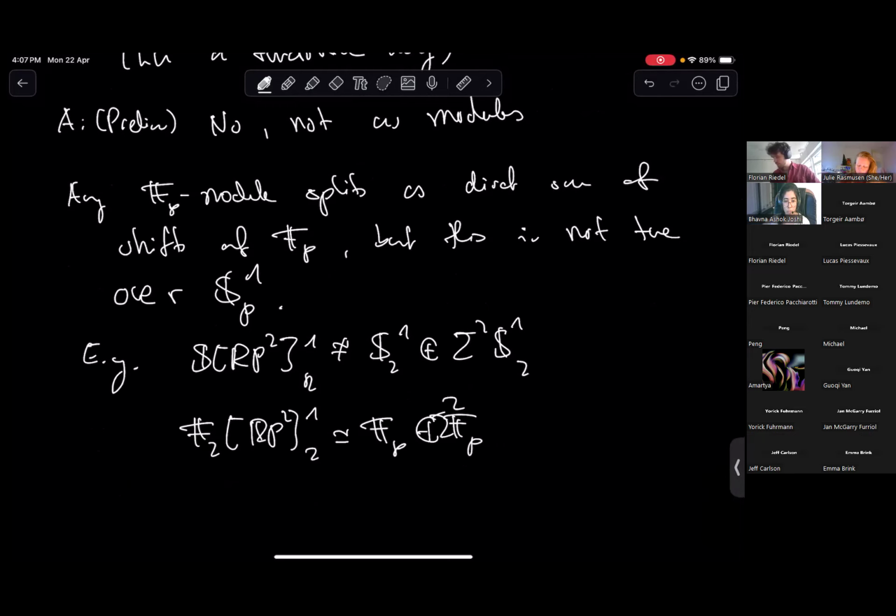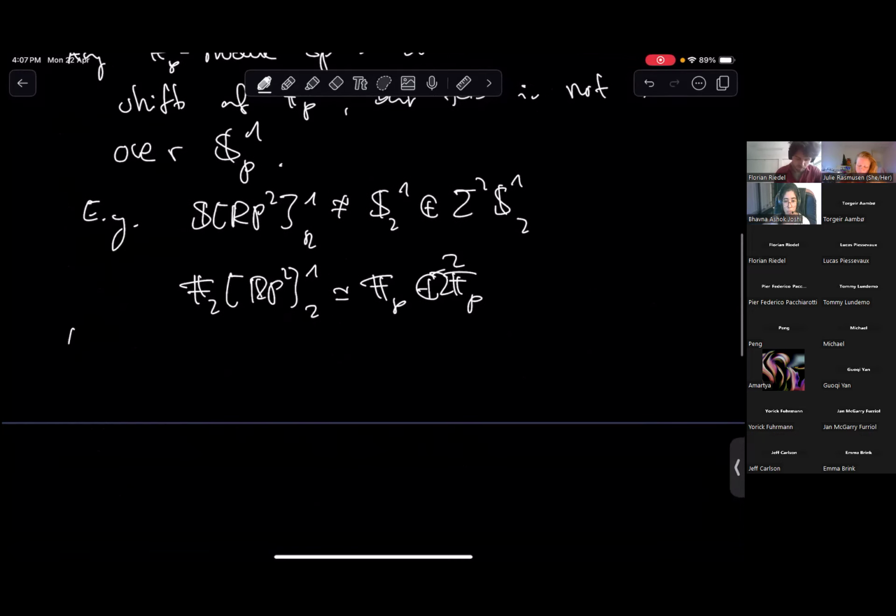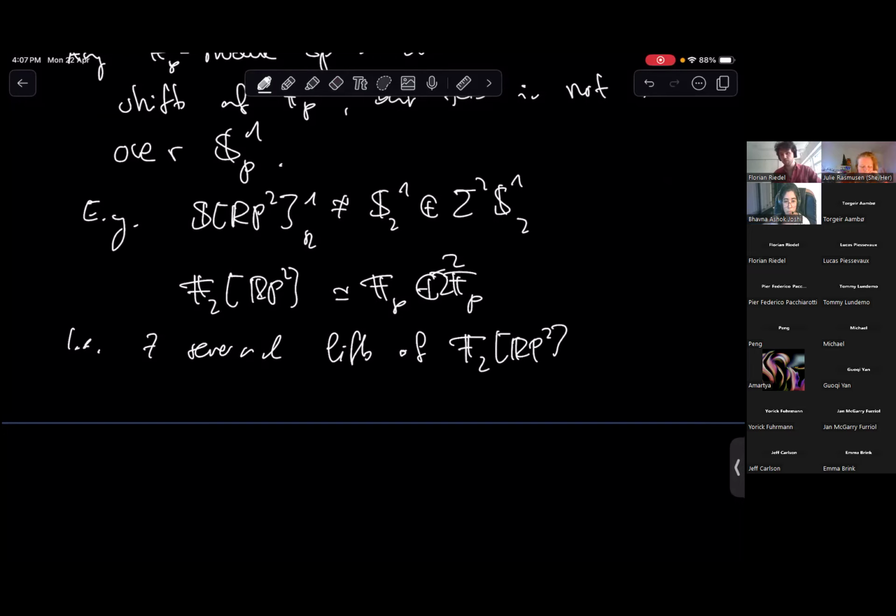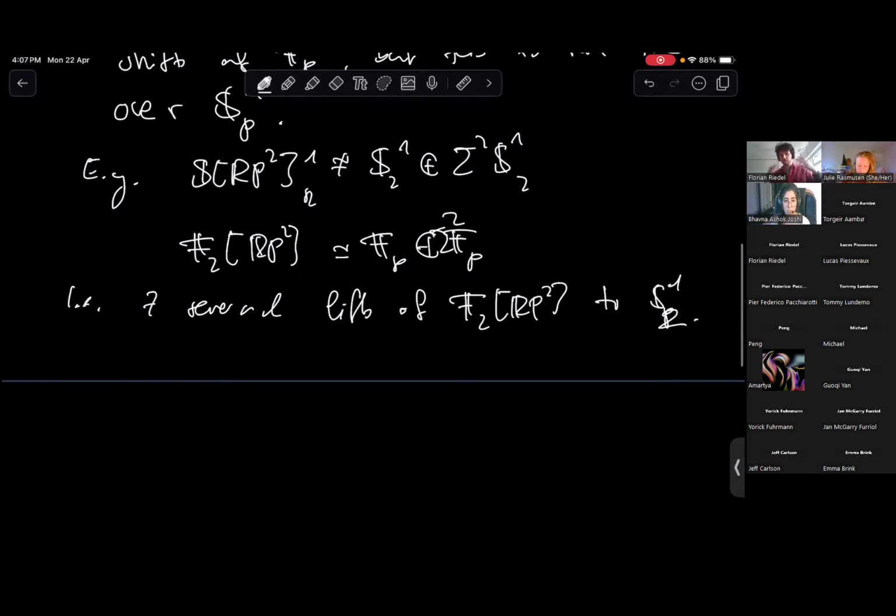That is, there exist several lifts of the F_2 chains on RP^2 to the 2-completed sphere. So as modules, this loses information.